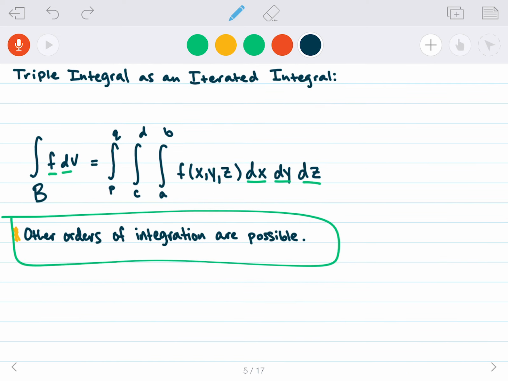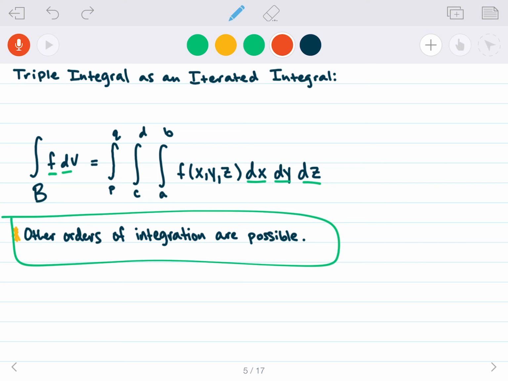Okay, so here is our definition for a triple integral as an iterated integral. So this is where we're integrating on, so B for box, but it doesn't have to be a box. It could be any region or three-dimensional object. And then we have our function f times dV, change in volume.